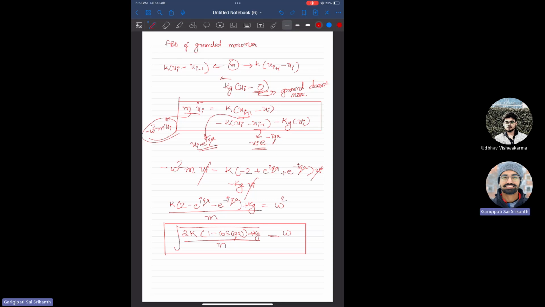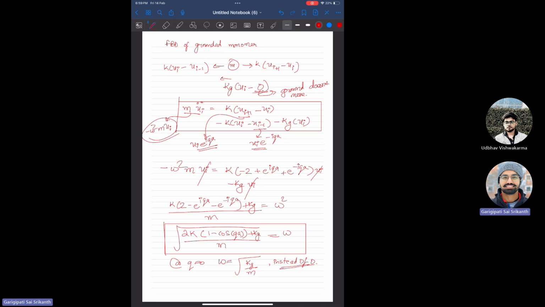This is the equation that we get. Now for the maxima and minima, we have to see what happens at q equal to 0. It becomes omega equal to under root Kg by m instead of 0.